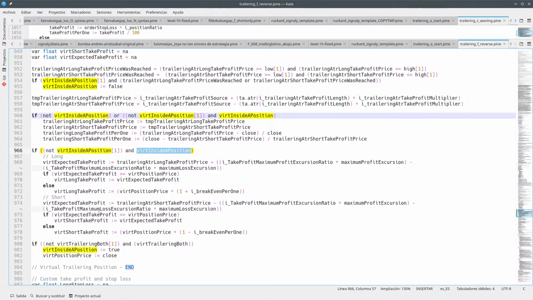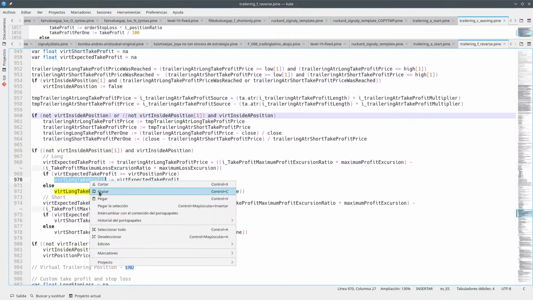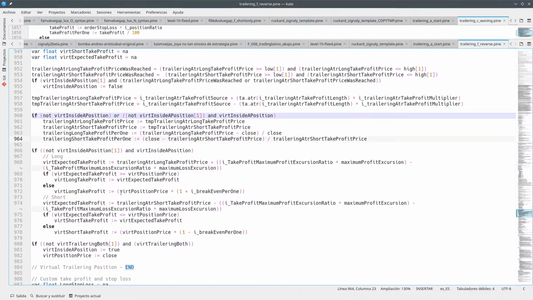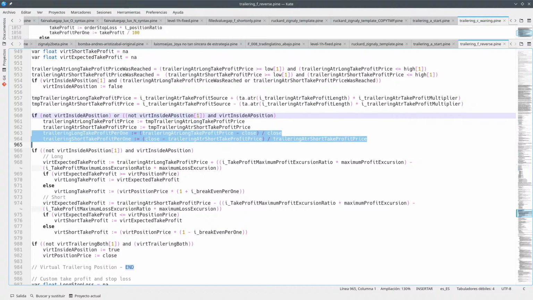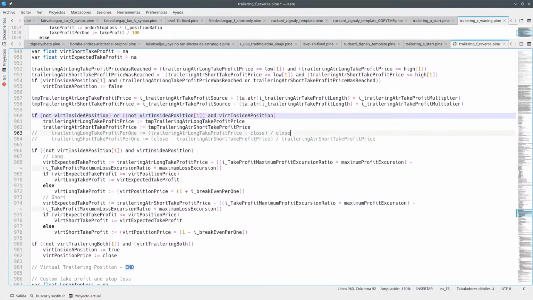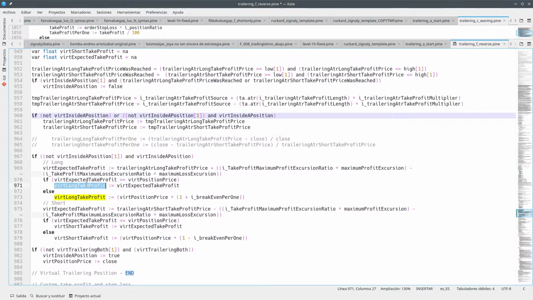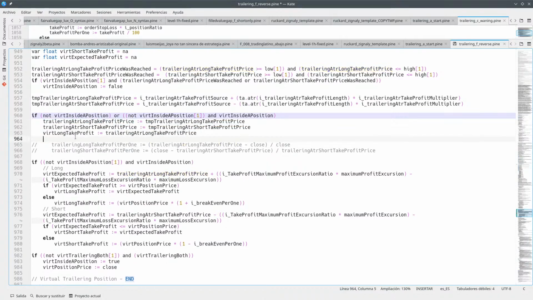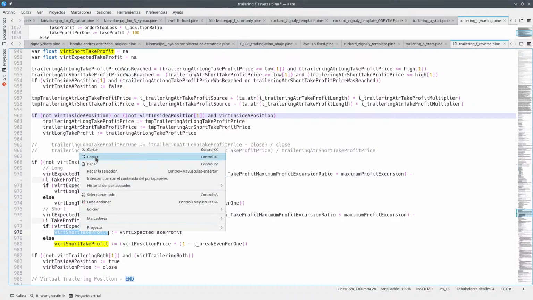So that means that, let me see, yeah, so this long take profit should be, I mean, I don't think we need this. And I think that the idea is that this long take profit by default is the one from here, and the short one should be the other one.